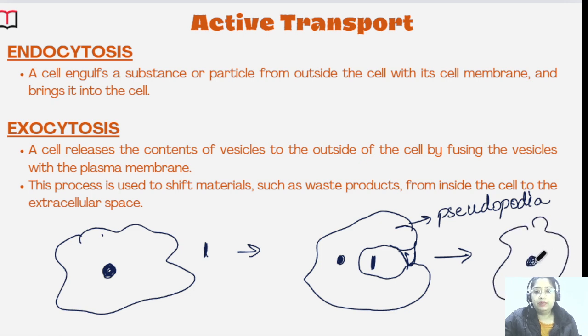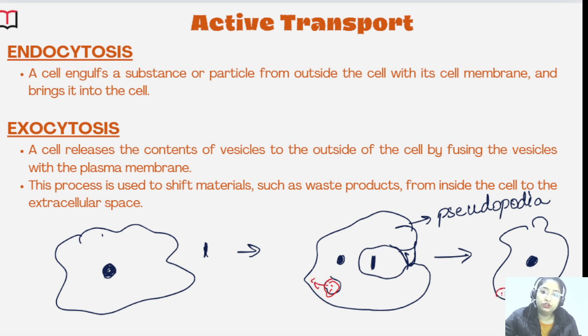Now, what will happen after eating and the digestion, absorption, assimilation? The last step is the digestion, right? Now the waste products are going to be collected in a vesicle. This vesicle gradually moves towards the plasma membrane.